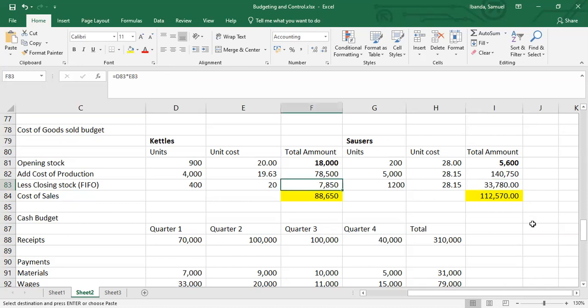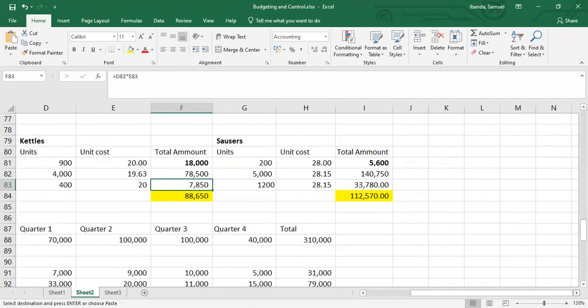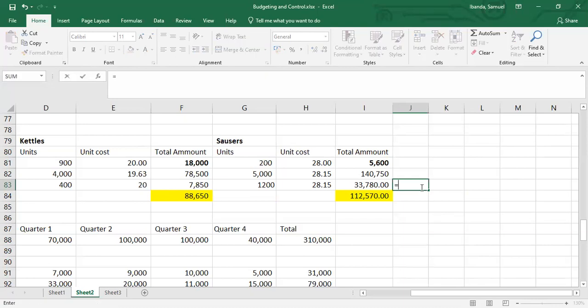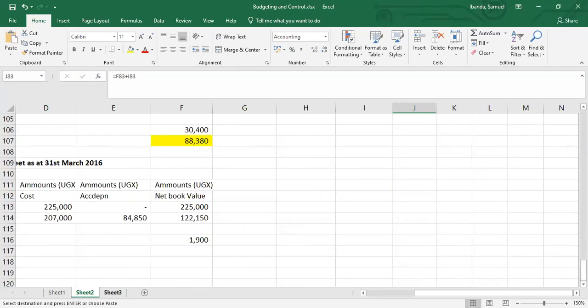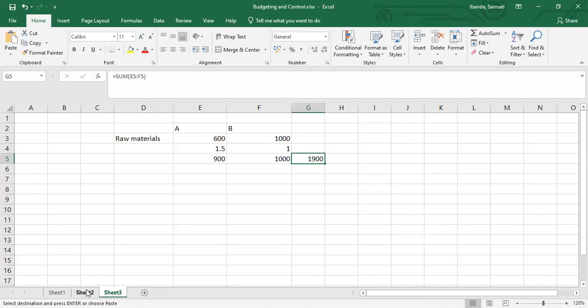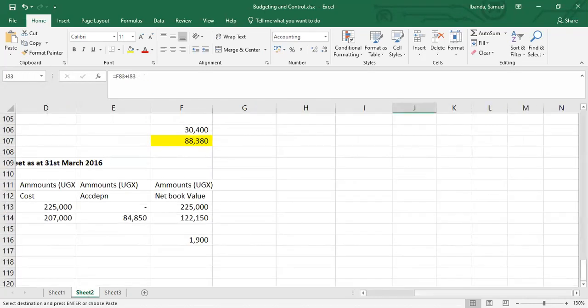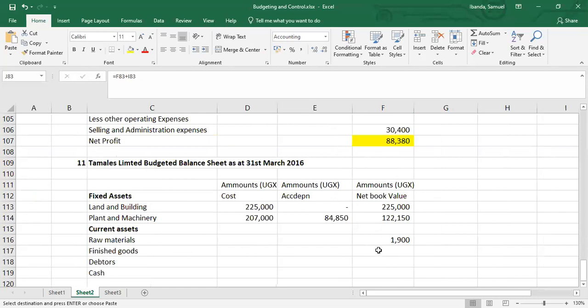Mine is to just get the total of these two things, the total of kettles and saucers in terms of value of closing stock, which is 41,630. So I don't have to recalculate, but you can also recalculate it. You can use the table here and calculate it. But since I already used it somewhere, I will not calculate it. So I'll include it there.